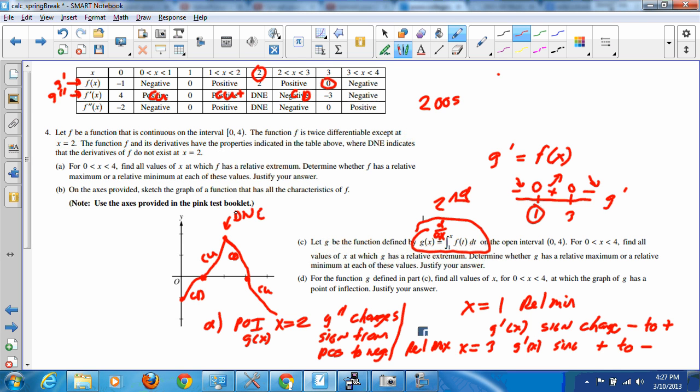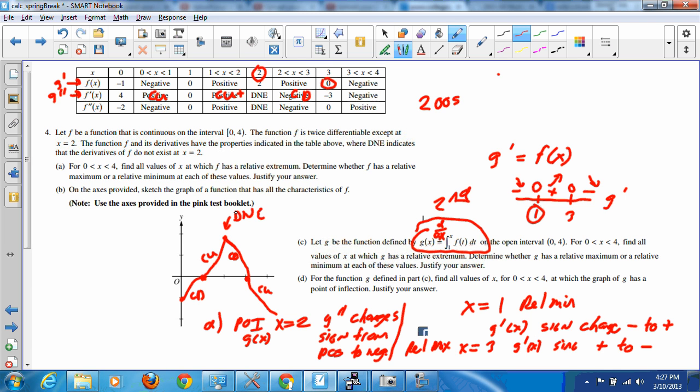And granted, it was a little sloppy, but using a paper and pencil, I think I could do a little better job. And then in part C, we had to understand what the second fundamental theorem of calculus tells us, that the derivative of a function, when it's defined like this, is the function itself.